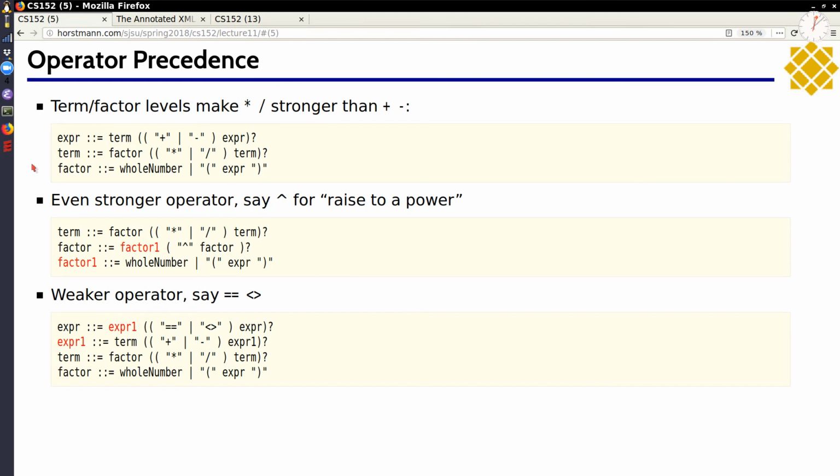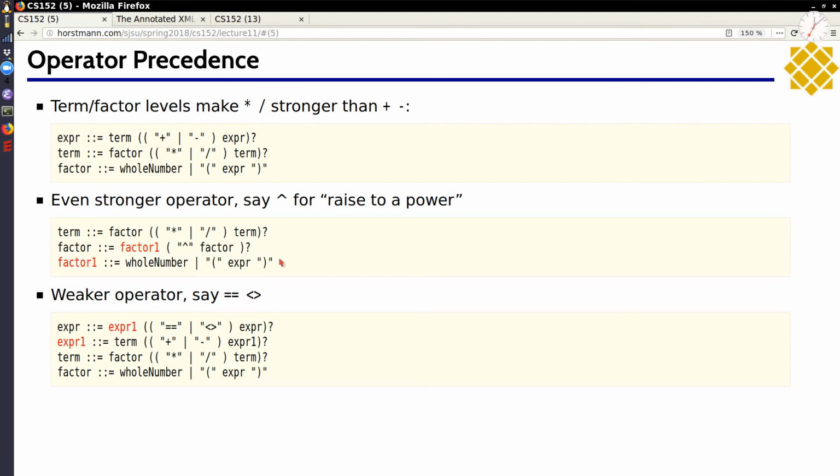Now let's say we want to toss in another operator in here that binds even stronger. So here I'm using the caret operator for raising to a power, as one does in some programming languages. And then that should go even stronger than the multiplication. And so the way you deal with that is you add another rule just like it below the multiplication and above the thing with the whole number and the parenthesized expression.